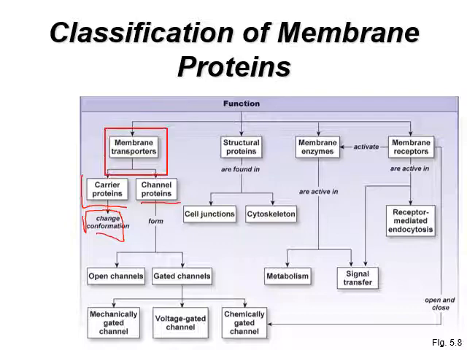Again, we're talking about larger polar or charged molecules moving through the membrane, because small nonpolar molecules can move directly through. So we're going to use these membrane transporters, which are proteins embedded in the plasma membrane. We'll go through these, look at their characteristics, and then move into the actual movement of the solutes through these proteins.